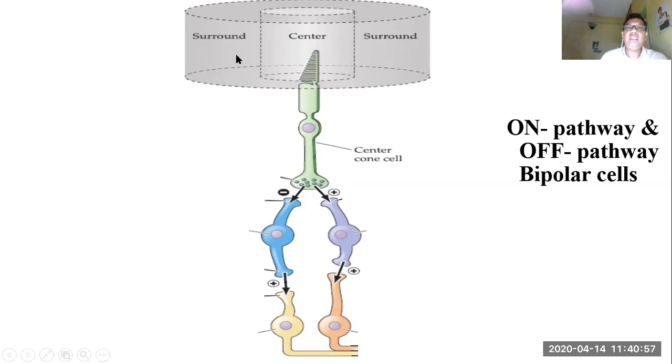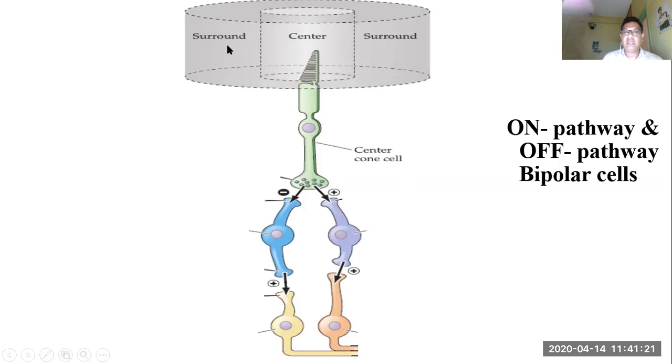Now it has been seen that photoreceptors will be stimulated best, or will respond best, when they have a center stimulation and the surrounding darkness. So here, this example has light in the middle and a dark surrounding.